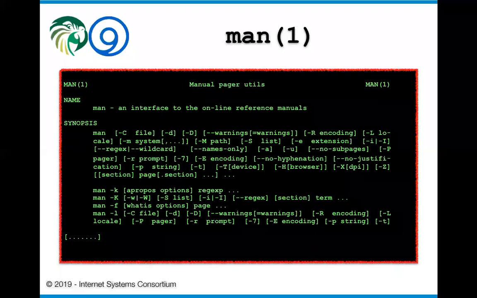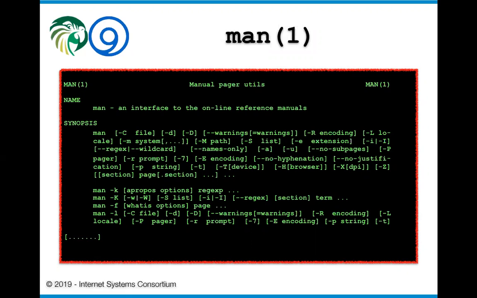So man gives you an interface to the online reference manuals. In the synopsis, you'll see there's a lot of stuff. There's the command right there where it says man, and then there's some brackets and then a whole bunch of other things in brackets. Anything in brackets is optional. So if you just type man space and then a command without giving any of those other options, you're going to get the manual page for that command.